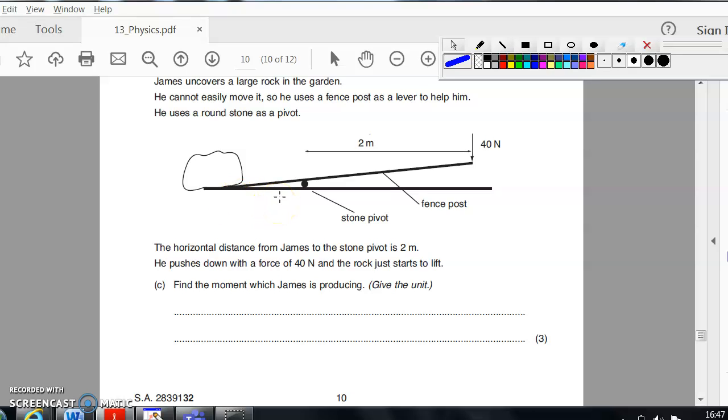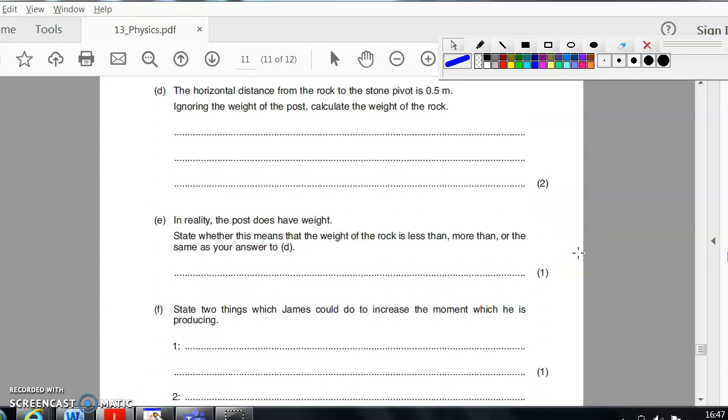It's also told us that this just moves. So the moment on this side must equal the moment on this side. So we can look at the clockwise and the anti-clockwise way of movement. So we know the moment on this side, and we can calculate the moment on this side because we've got the moment and we've also got the distance. That's for 2 marks.